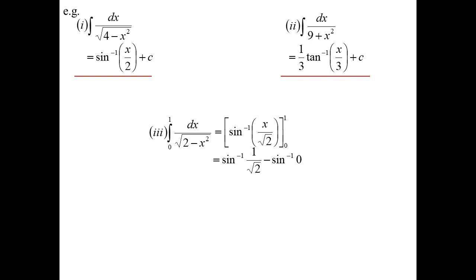Inverse sine has a particular domain and a particular range. So unlike when you're just solving a trig equation and you say, well, it could be 30 and 60 and so on, there is only one answer you can get. And the inverse sine of 1 on root 2 is pi on 4.